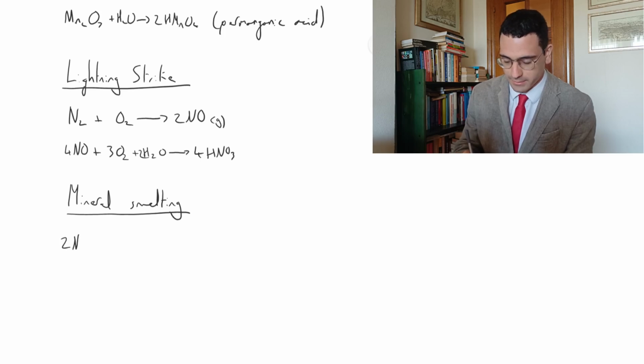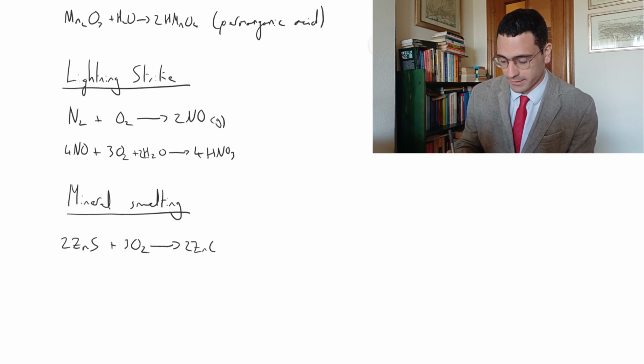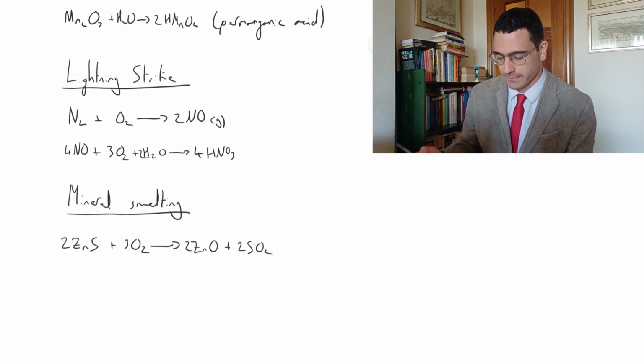Instead, you might find some zinc sulfide, and then what you might do is smelt it to get zinc oxide, and you'll also have sulfur dioxide.